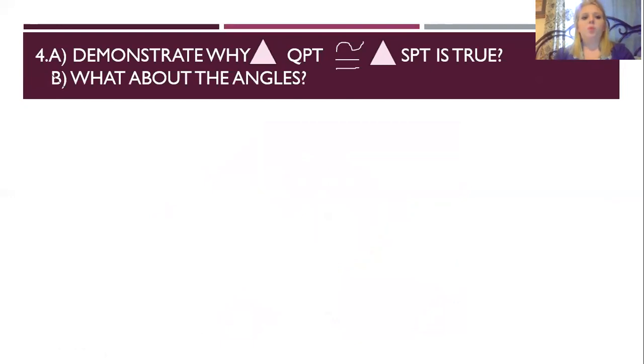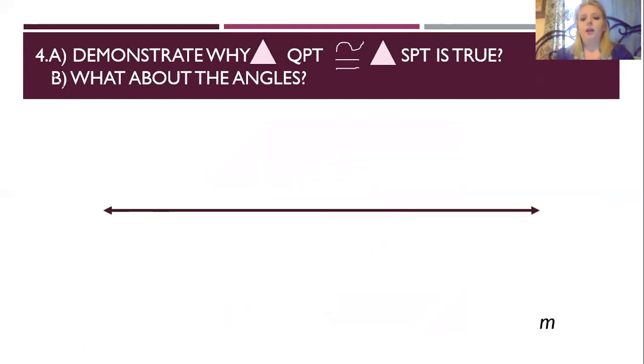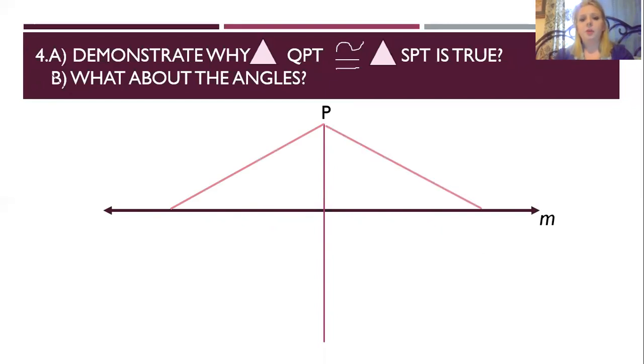This is to demonstrate why triangle QPT is congruent to triangle SPT is true. And what about the angles? So we have this line M, right? And so we're going to have this other line that's going to be P. And we got these two lines that make two triangles and our points, and then these two lines.